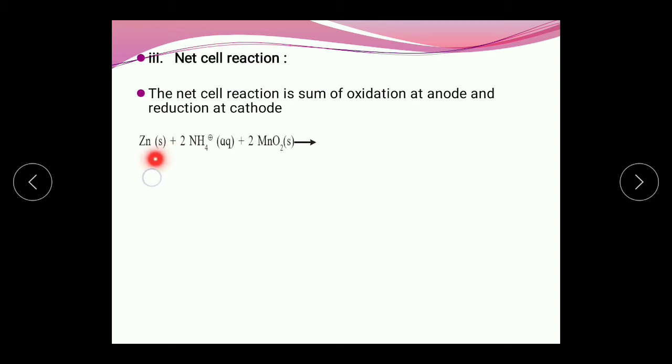Only this Zn is added to the net cathode reaction, and 2 electrons are cancelled. To the right side, Zn2+. Zn is converted to Zn2+ by releasing 2 electrons. So Zn2+ plus Mn2O3 plus 2 NH3 plus H2O. So the net cell reaction is the addition of anode reaction and cathode reaction.